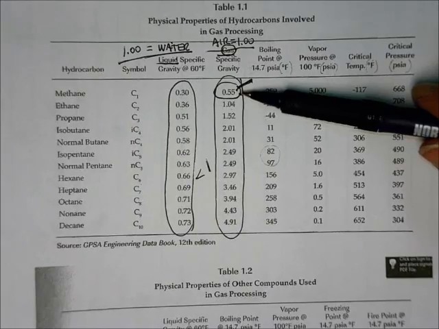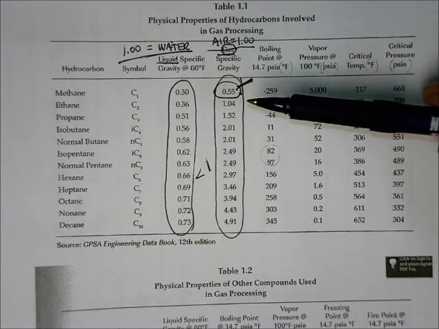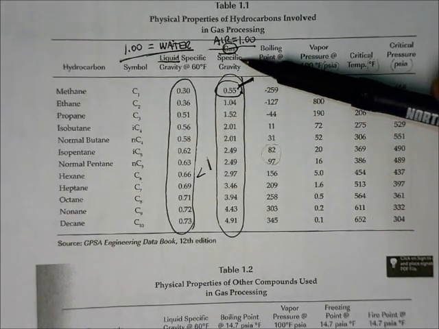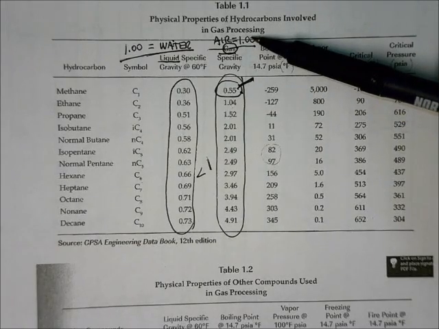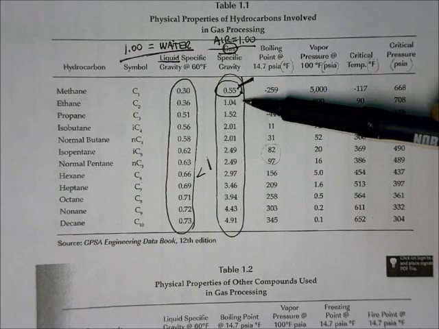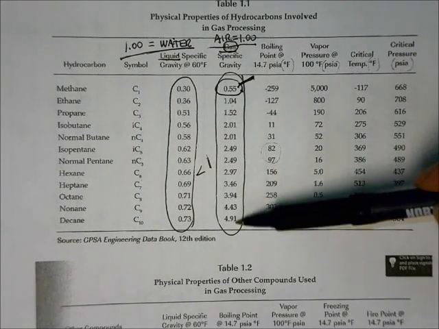If it's heavier than air, it's going to sink in the air. It's going to fall down to the ground. It's going to be where you are. Gases with a specific gravity greater than 1 are heavier than air. If they're released into the air, they're going to sink. They're going to fall to the ground. They're going to be on the ground with you. And these gases are flammable.